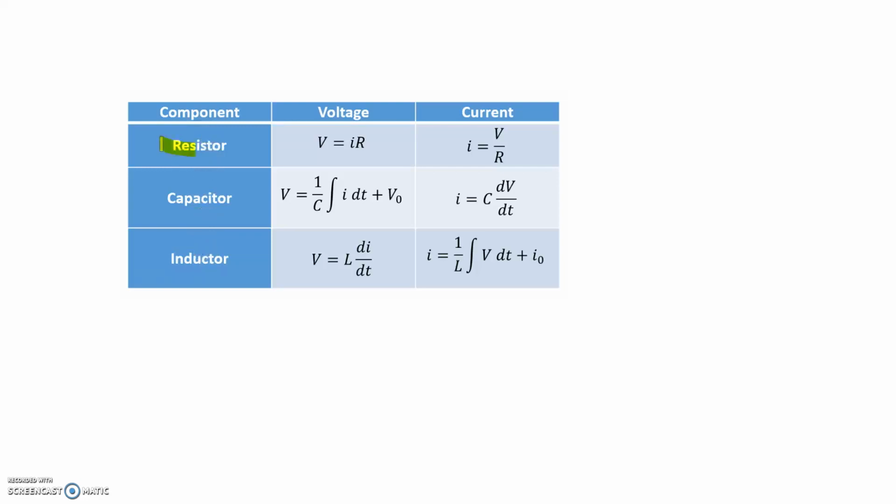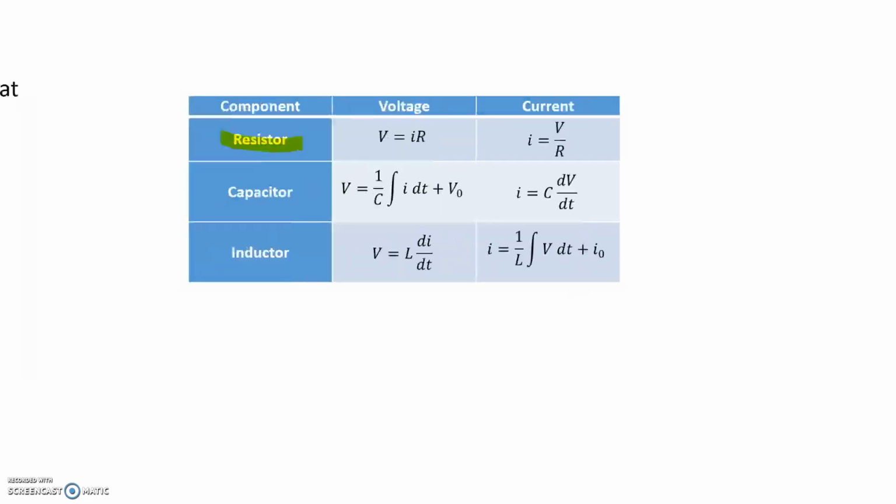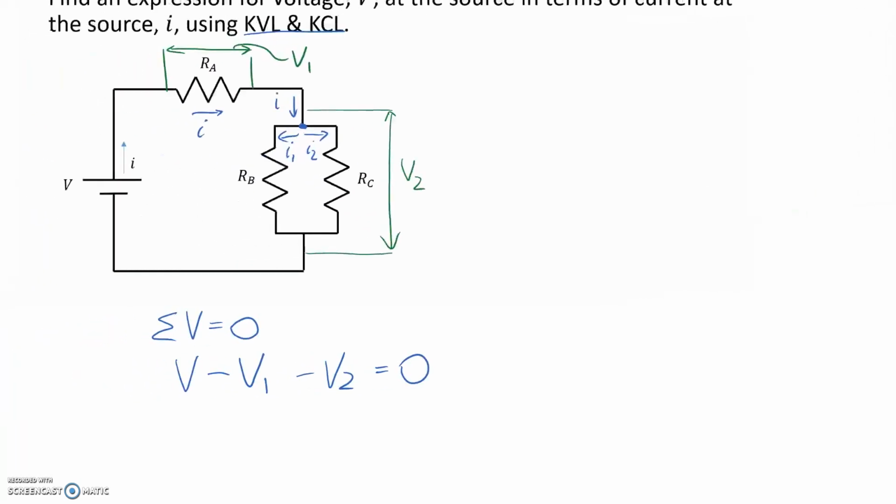So we're obviously interested in resistor, and we wanted the voltage in terms of current and resistance. So we can say the voltage across our resistor is equal to the current through it times its resistance. So let's go back and use that in our equation.